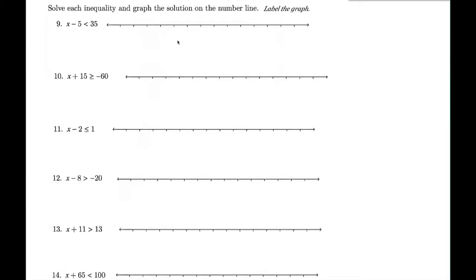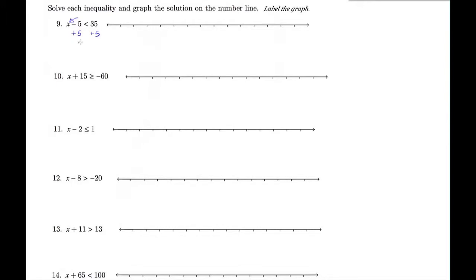Solve each inequality and graph the solution on the number line. Label the graph. Okay, so the first thing I need to do is solve for the variable, in this case x. I need to get x by itself. So I need to undo subtract 5, so I'm going to add 5 to both sides.